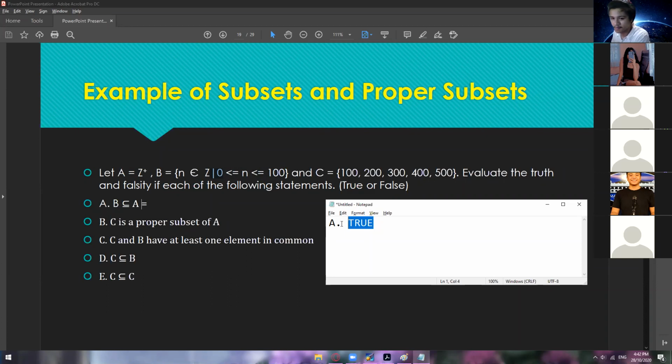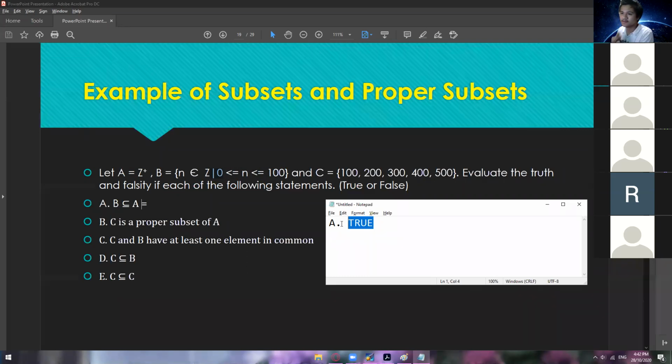Start with 0. 0 as a positive integer, or no? Guys, ano yung gusto nyo? Positive na yung 0. So we will include 0 as part of positive integers.